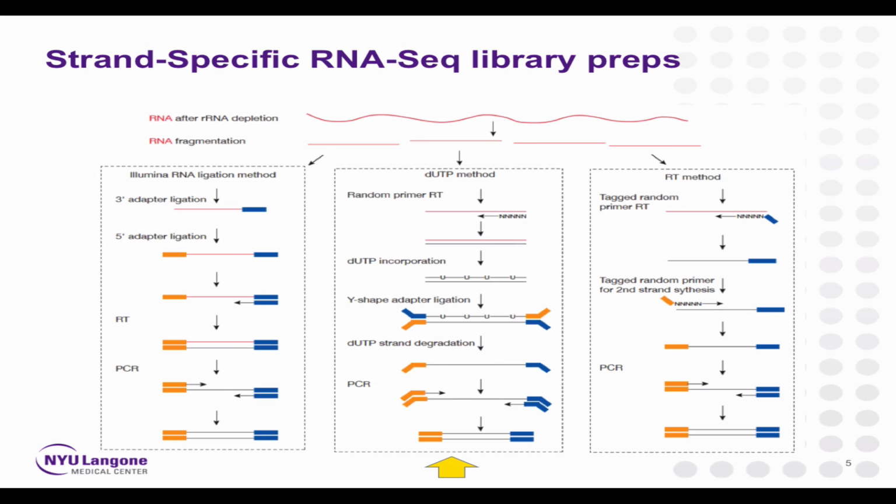And then after ligation, you're going to get degradation of the dUTP. And then when you do it by PCR, then you will basically be making a library from exactly that strand where the transcript originated from. And this information is important, like I said, for small compacted genomes. So this is like our second most popular.